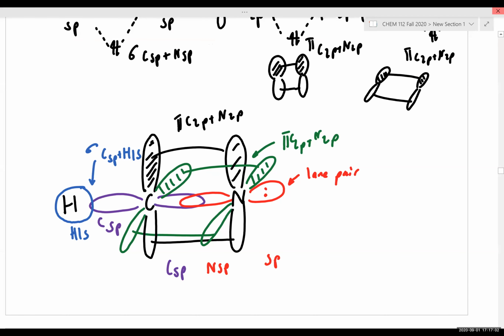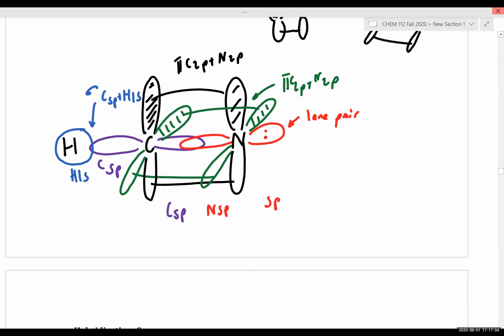Now, as a takeaway from this discussion, first and foremost, we note that this carbon-hydrogen bond has slightly different bond length and bond strength depending on the hybridization of our bonding carbon atom. So hybridization is directly impacting the nature of bonds formed using those hybrid orbitals.